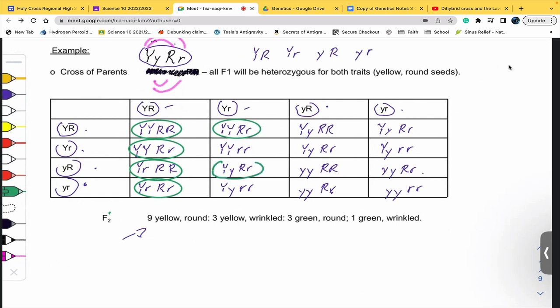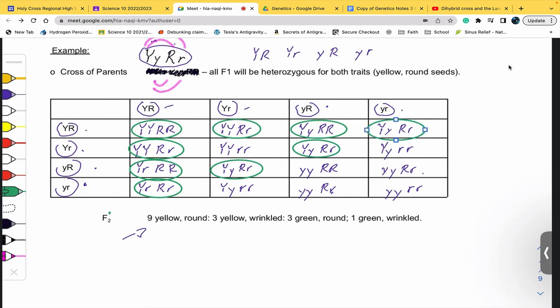Just looking for yellow round. Big Y, big R, yellow round. Yellow round. Yellow round. And yellow round. I don't see any more.